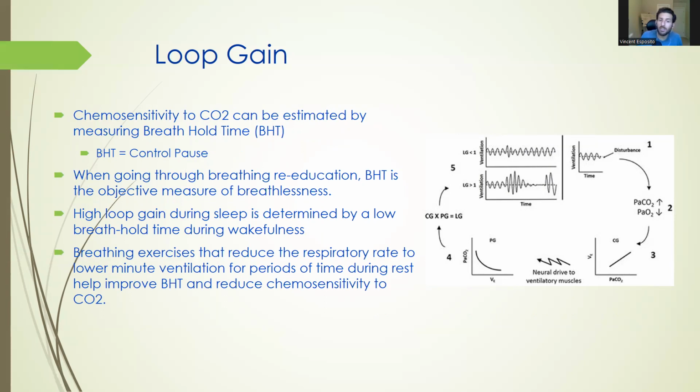In other words, as your control pause improves, loop gain should improve as well. We know that breathing exercises that reduce the respiratory rate and lower the minute volume, so what does that mean? Fewer breaths per minute and less ventilation, less air you're bringing in. We've talked about that in other lectures. For periods of time during rest, this can improve control pause and reduce chemosensitivity to carbon dioxide.